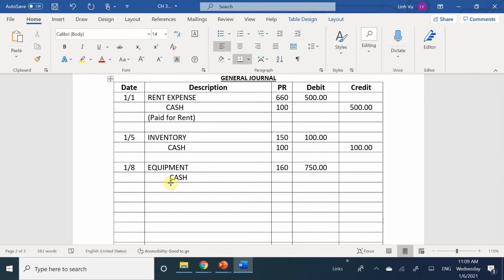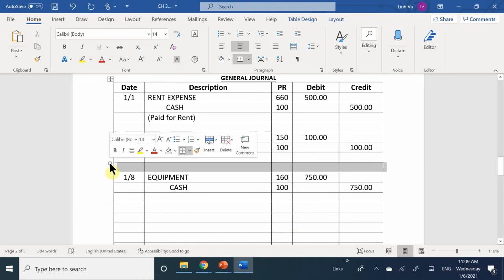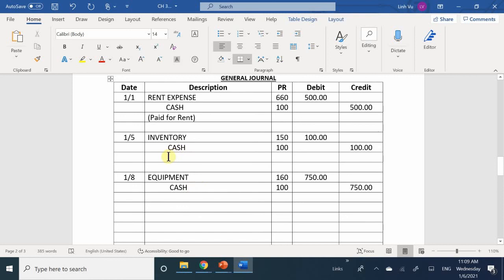And then I forgot a description up there. So let me go ahead and put a description there. Okay, so that's the thing about this too, we can edit and fix our mistakes.